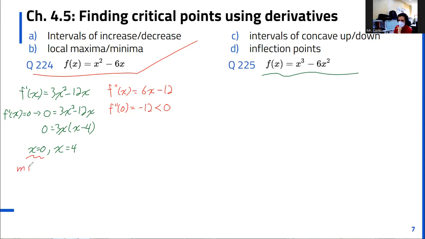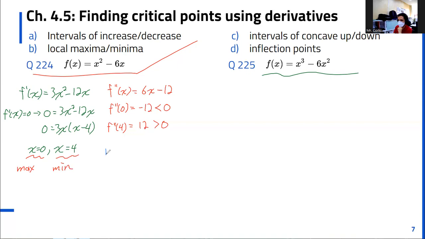That is a maximum point. And the other one here, when x is equal to 4, so substitute 4 into this, we end up with positive 12. That is greater than 0, and this must be a minimum.